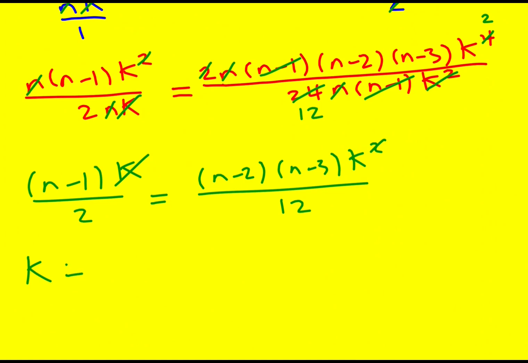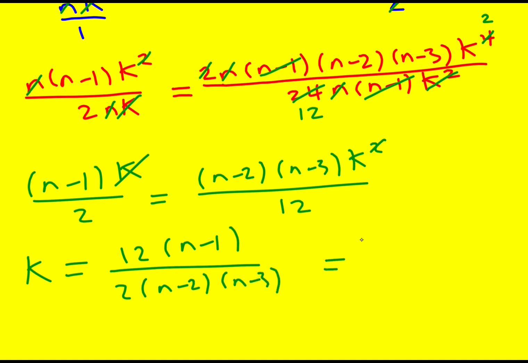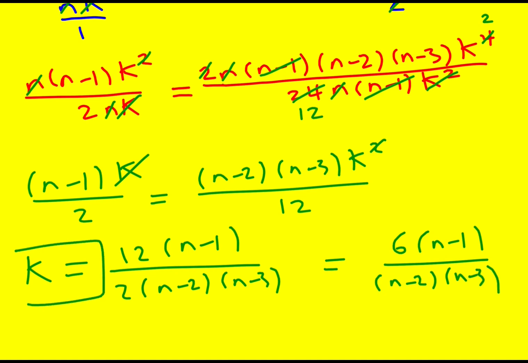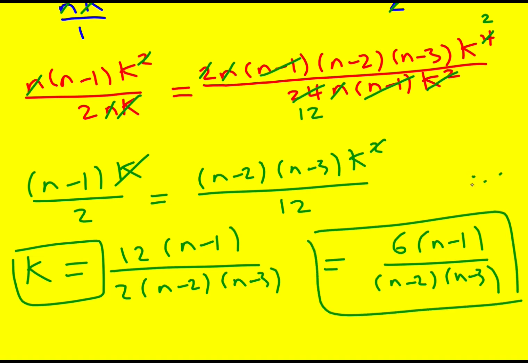K will equal 12 n minus 1 over 2 n minus 2, n minus 3, which is 6 as required. Okay, nice job. Quite a bit of algebraic manipulation and so on, but we've got to the answer.